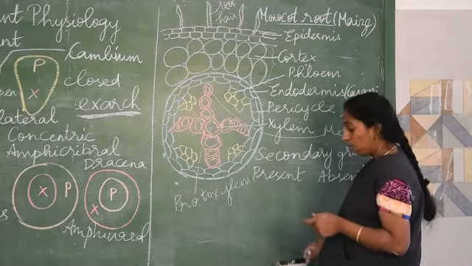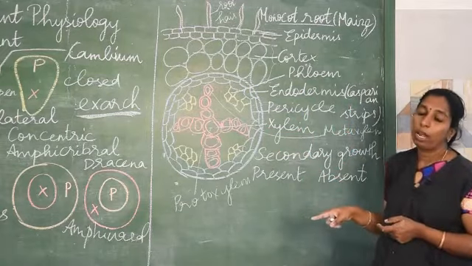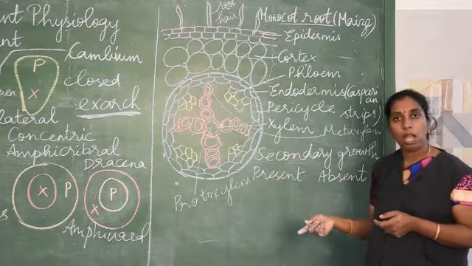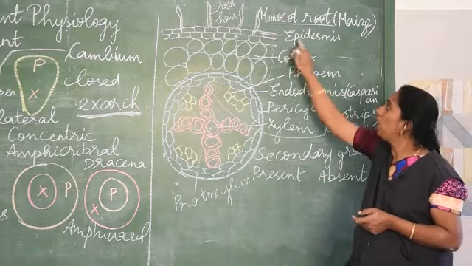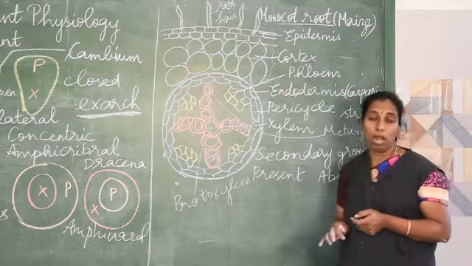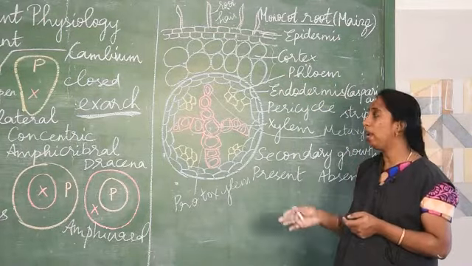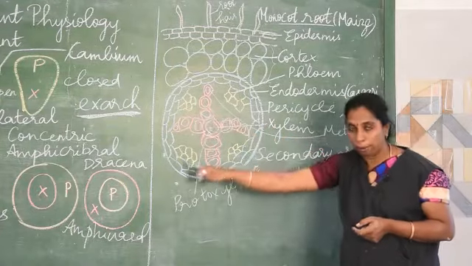First we learned about dicot root, example bean. Now monocot root, maize. Here epidermis is there, and then 4 to 5 layers of cortex will be present. Like a dicot root, here also endodermis and pericycle will be present.